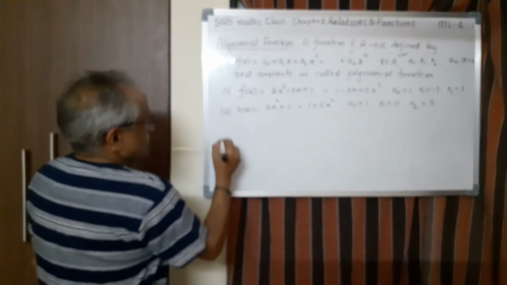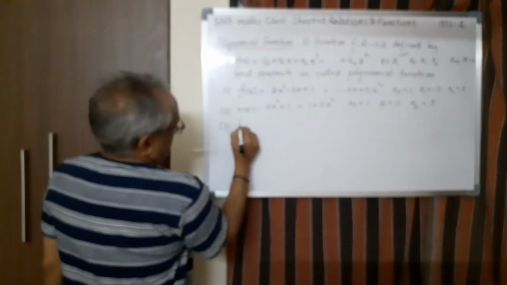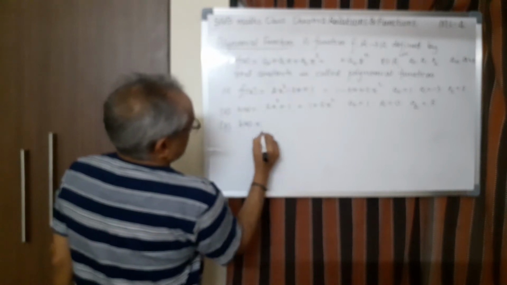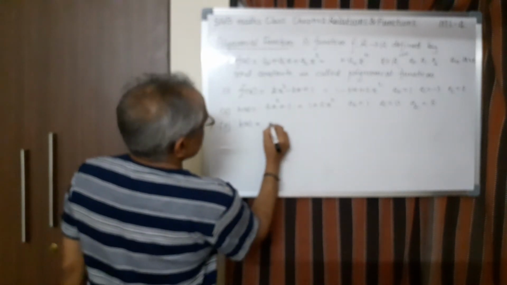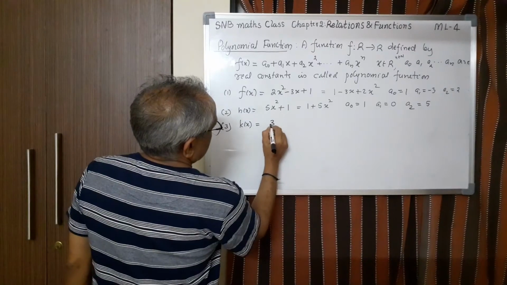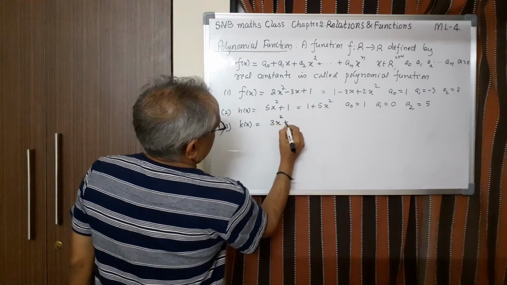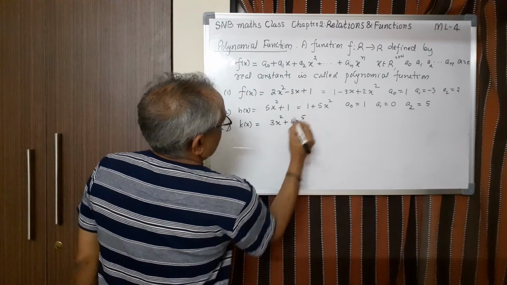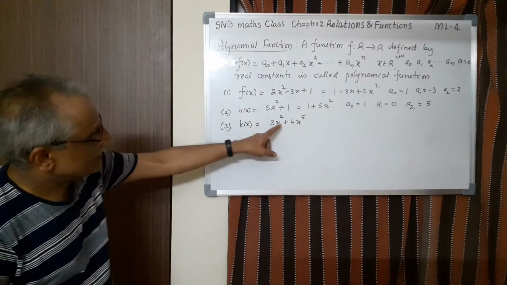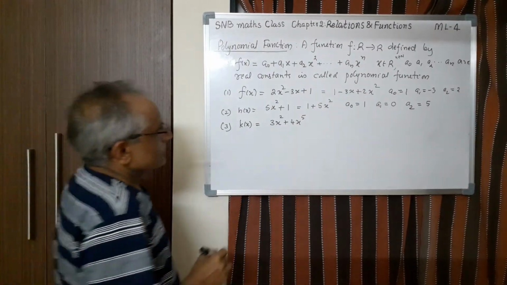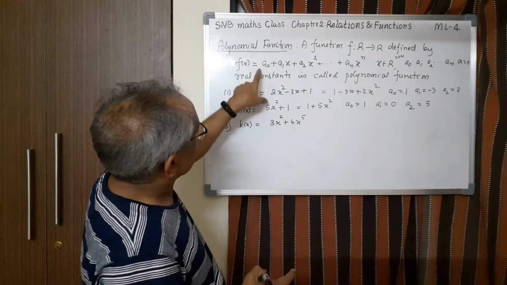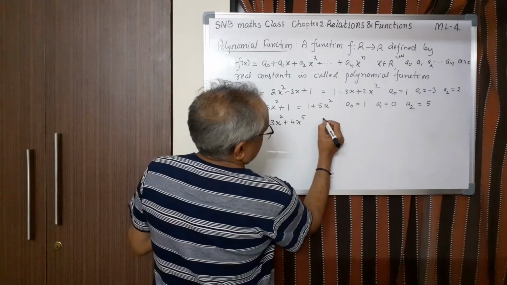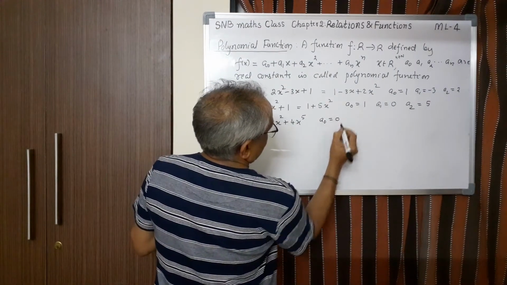Suppose, say, a third example, k of x equal to say 3x square plus 4x5, suppose. It is already written in the increasing order. Here the constant term itself is not there, therefore a naught is 0.